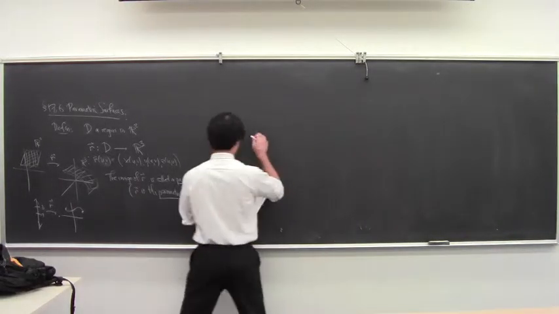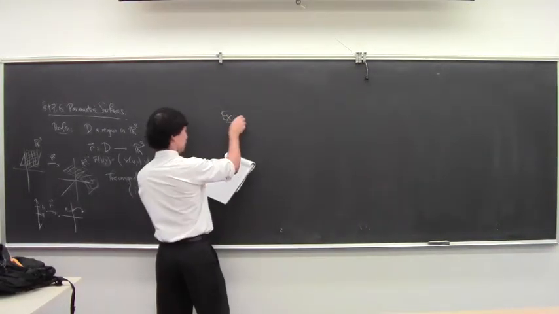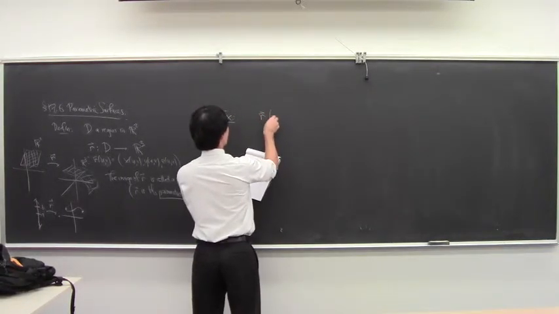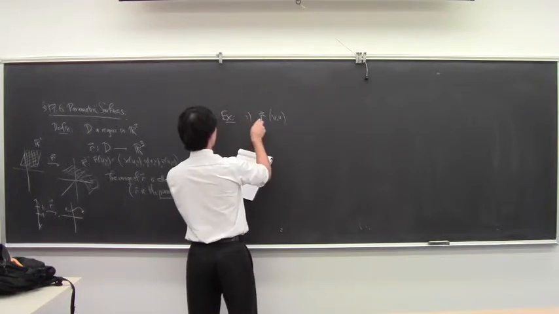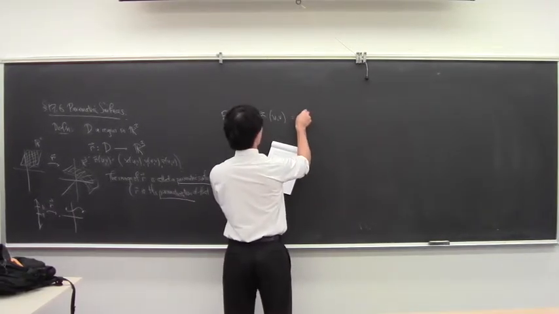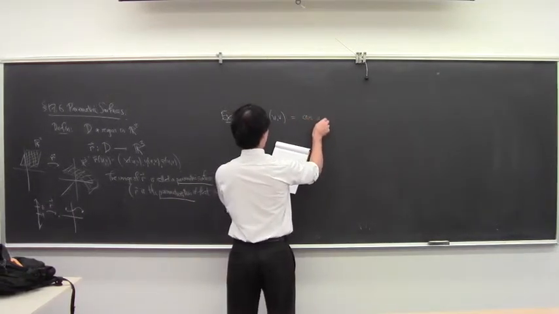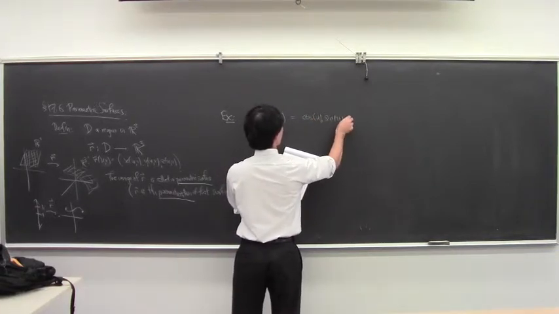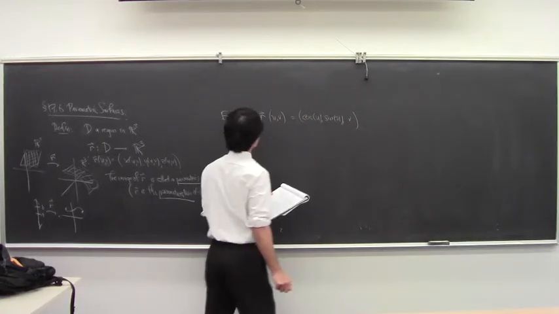Okay, so some examples. If we let R of u, v be cosine u, sine u, v, then what is that?